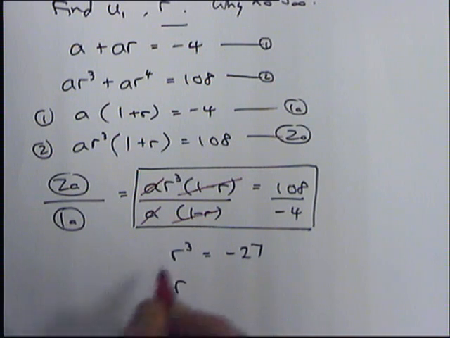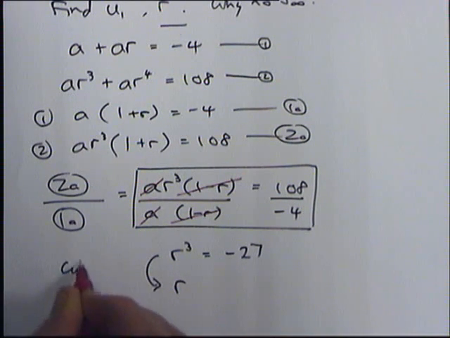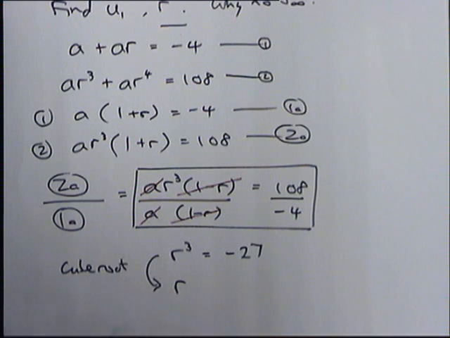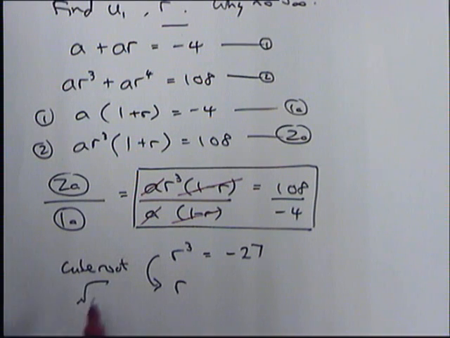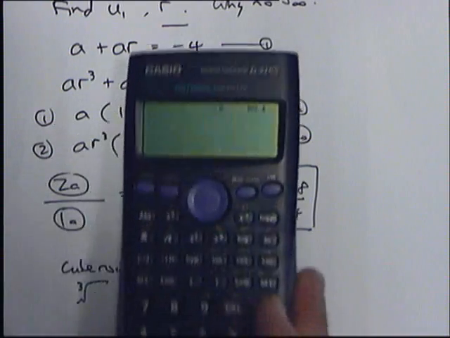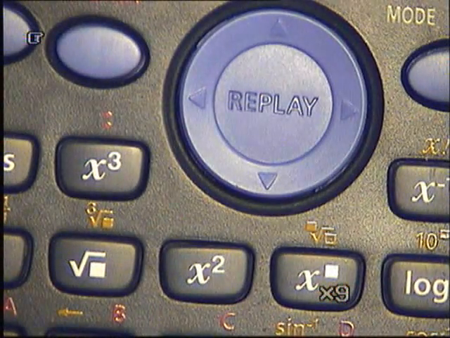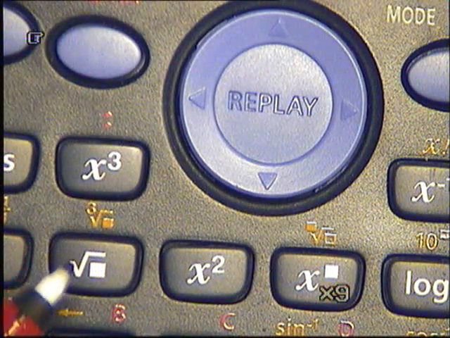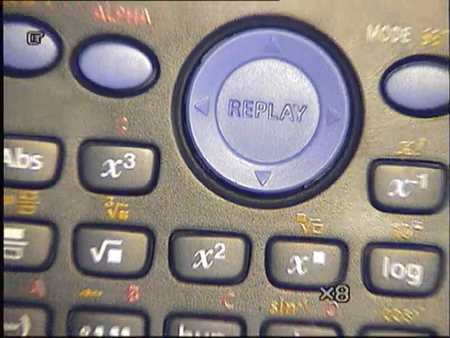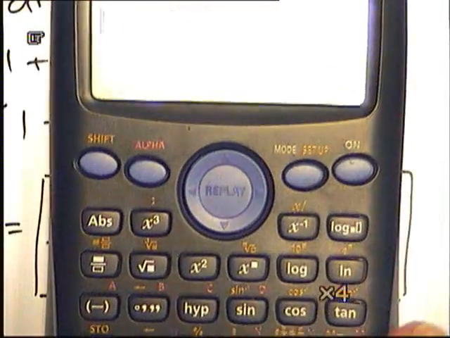To get from r cubed to r, I need to cube root. And if you're looking for a cube root button on a calculator, they'll probably have the root sign with a small 3 there. And if you look on the calculator I'm using, we get the cube root button here. It's in brown above the square root button. So on this calculator, I will need to use the shift button as well.